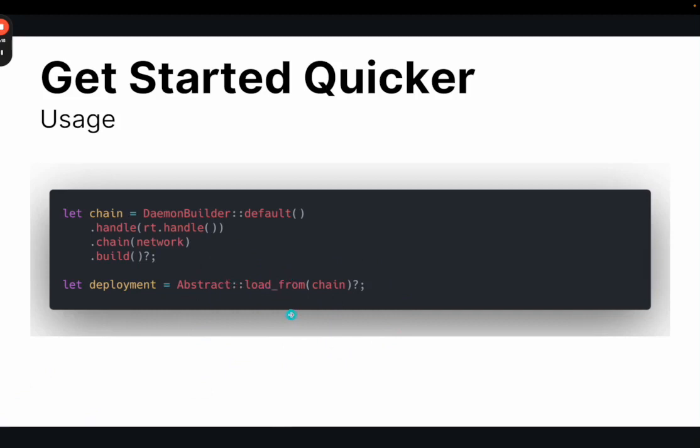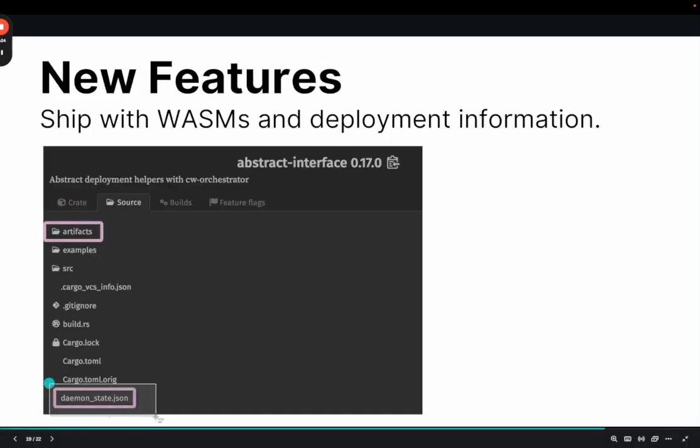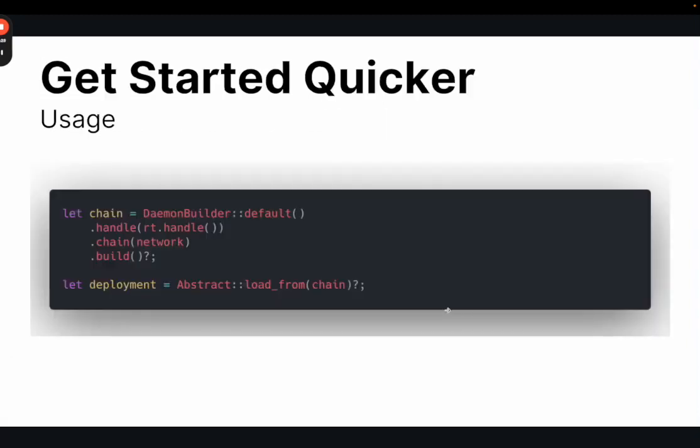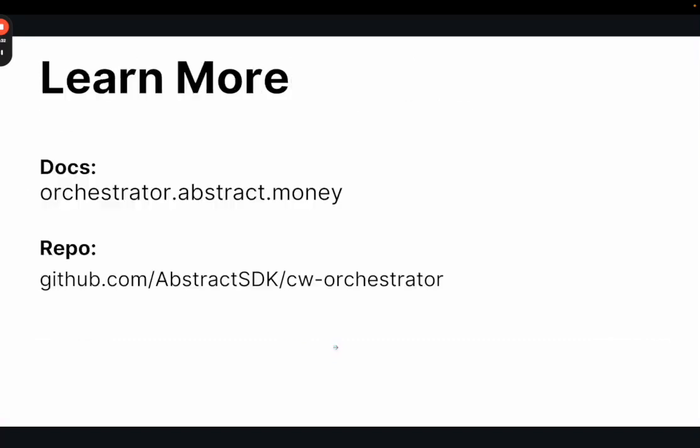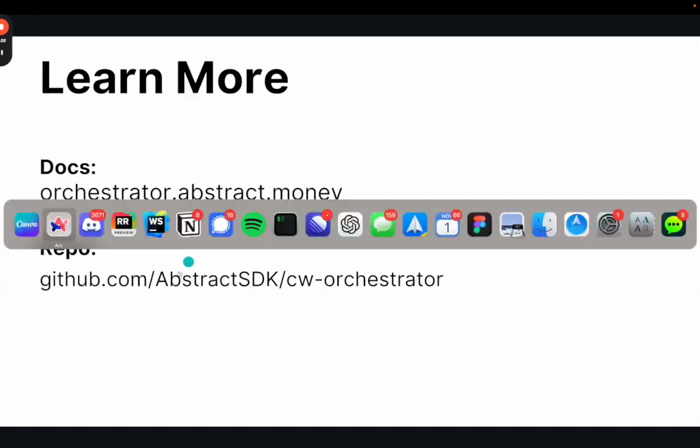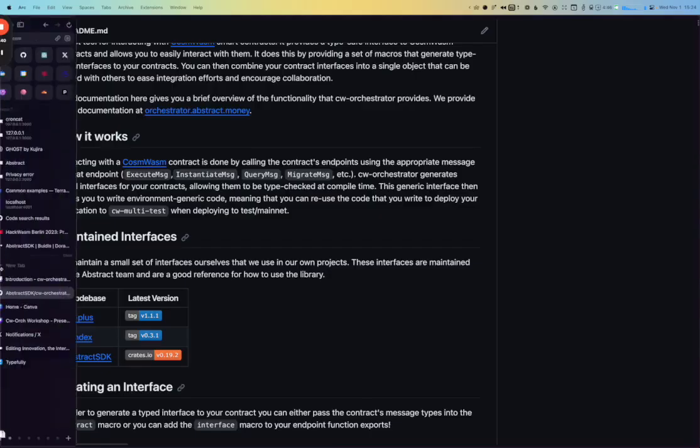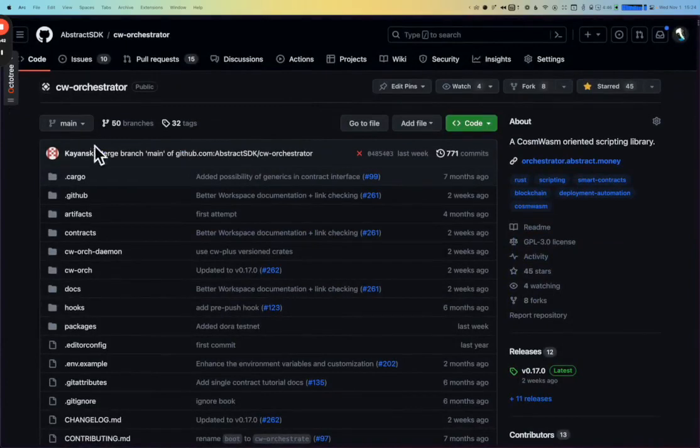And this will legitimately reach out to the chain, it'll reach out to this daemon's state that you can see here and retrieve all of the addresses for the given environment and be able to interact with it directly. So yeah, if you want to learn more, you can check out our documentation at orchestrator.abstract.money or our GitHub repo on the Abstract SDK org.